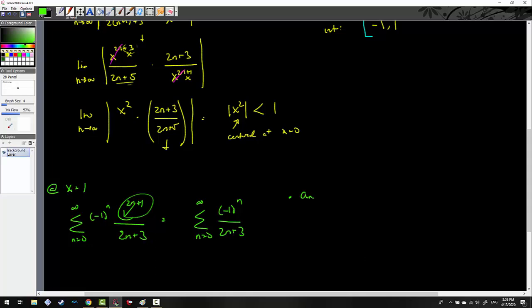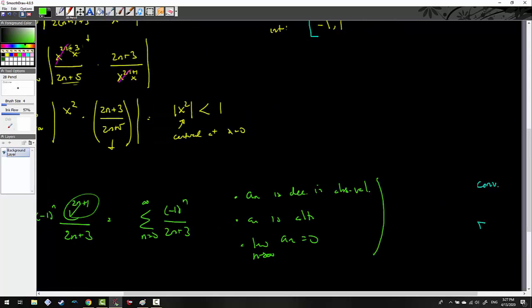So again, it looks like the alternating series test is going to play a role in the positive 1 being convergent as well. So a sub n is decreasing in absolute value, a sub n is alternating, and the limit as n goes to infinity of a sub n is 0.